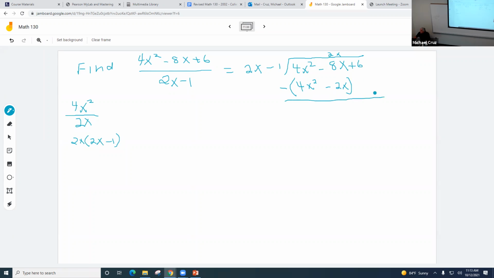So 4x squared minus 4x squared is 0. Nothing comes down. That should always happen. And then -8x minus a minus 2x is -8x plus 2x, which is -6x. And then bring down that 6.